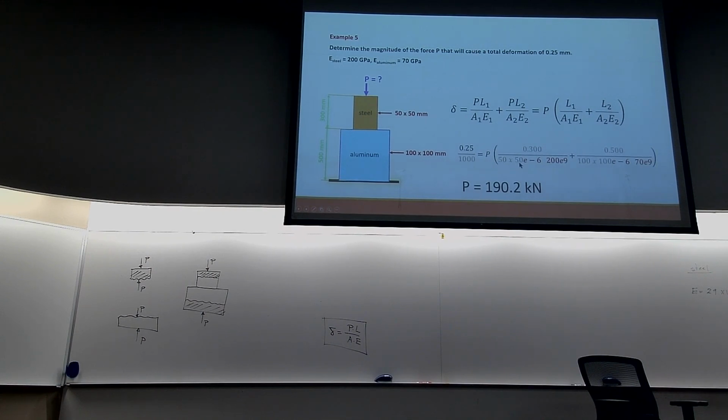Because each of these need to be divided by 1,000, we end up dividing by a million for the areas. And these are in gigapascal, so we need to multiply by 10 to the 9th. And then you get a big number in newtons, but if you express it in kilonewton, this is the answer you're going to get.